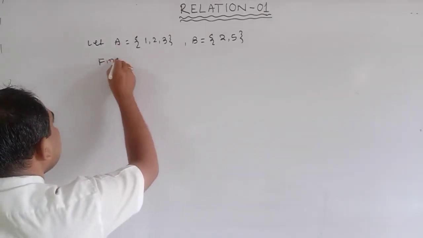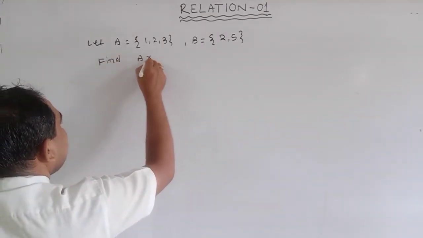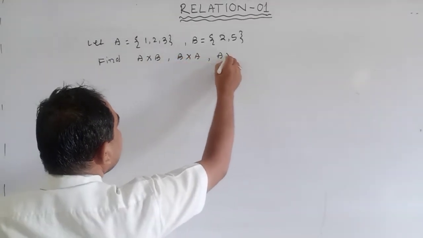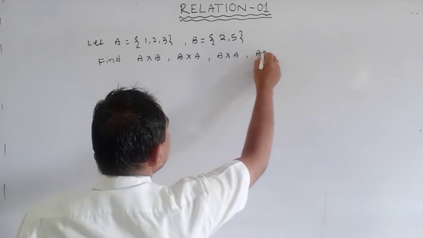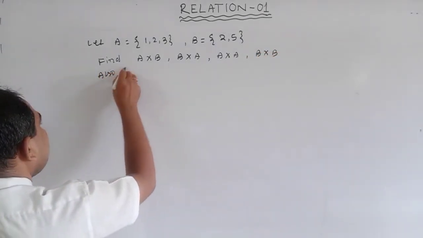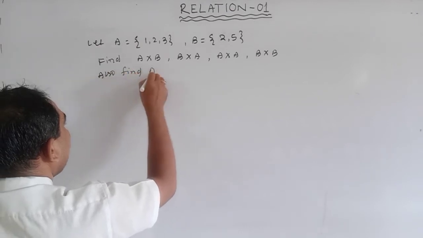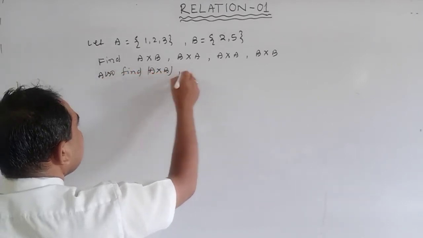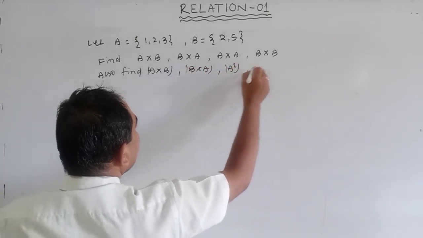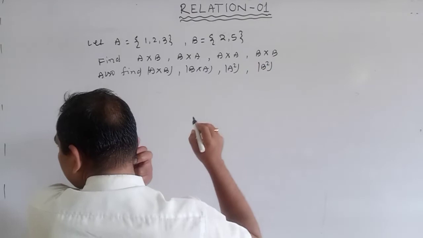Find A into B, B into A, A into A, B into B. Also find mod of A into B, B into A, A square, B square.